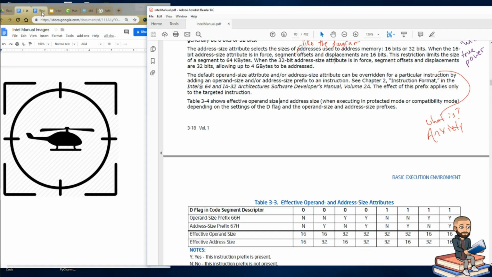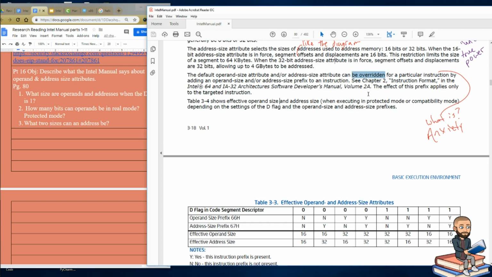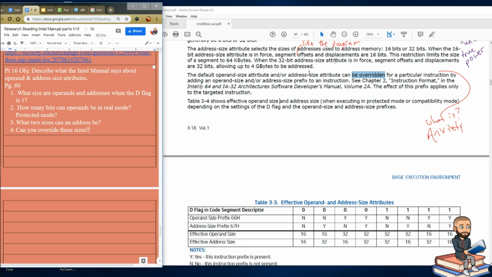And so therefore I'm thinking the use of a prefix to override the size attributes of both operands and addresses would probably be a pretty rare thing. So I'll simply ask, can you override these sizes of operands and addresses? The answer is yes, and if you want to really flesh it out, you could say there is a particular instruction prefix to use. And if you're a real overachiever, you'll go hunt down that prefix yourself and tell me.